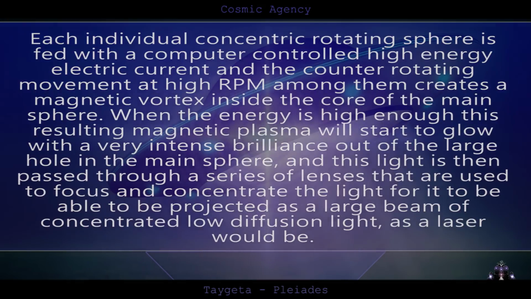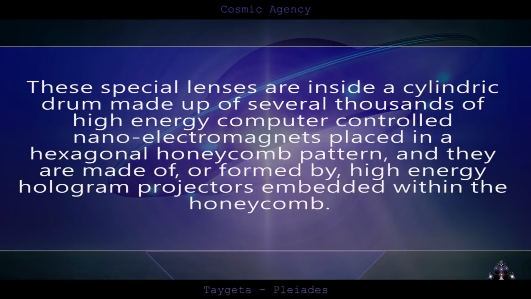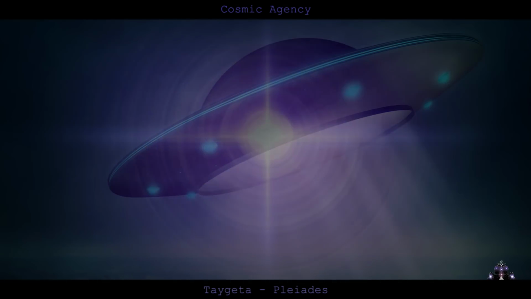These special lenses are inside a cylindric drum made up of several thousands of high-energy computer-controlled nanoelectromagnets placed in a hexagonal honeycomb pattern, and they are made of or formed by high-energy hologram projectors embedded within the honeycomb.